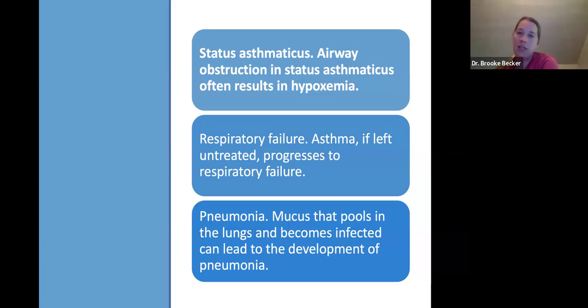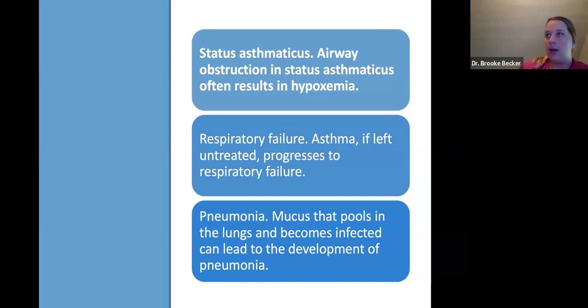Oral steroids, IV steroids if they're coming into the ER in an asthma attack. Sometimes famotidine is given. That might be what you're thinking of, because that can help with any of the H2 that's going on, that can be activated potentially with asthma exacerbations. And then pneumonia, of course, we've all heard of pneumonia. That's when you get gunk in your lung and it becomes infected. That can also happen in asthma.